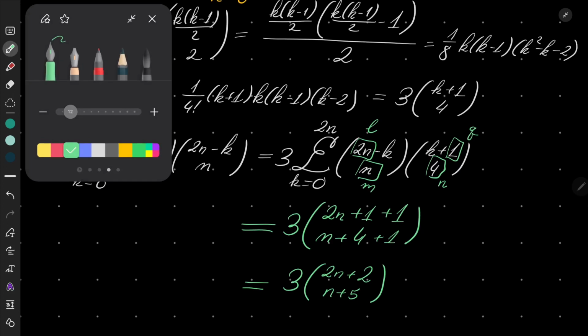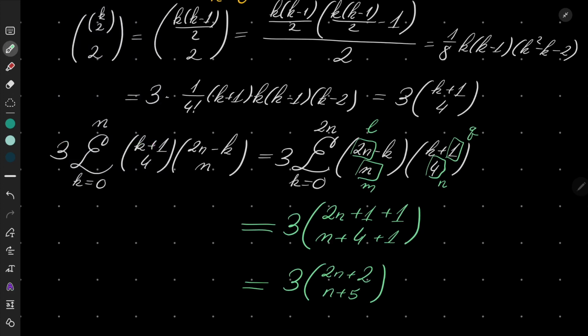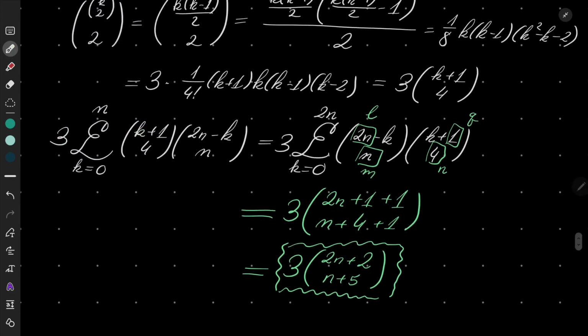This is our closed form for our sum. It's much simpler than our sum, because, well, no sum is left. We have just 3 times a binomial coefficient. Okay, so we have solved our problem. It's great. But now the hard part is proving the lemma. So the rest of the video will be about proving the lemma which I stated.